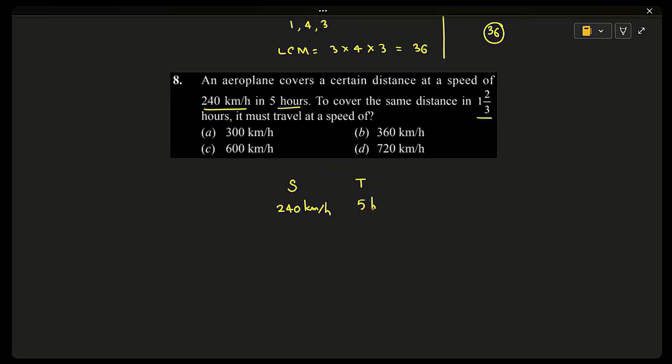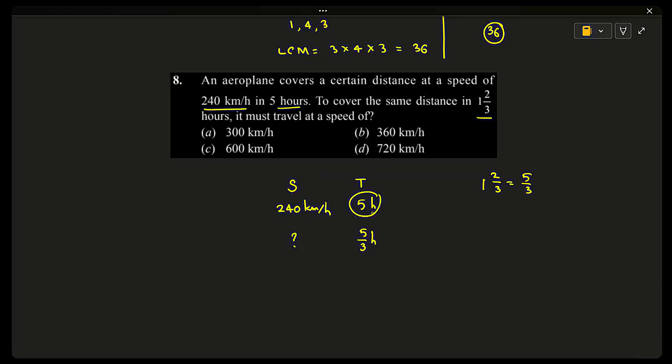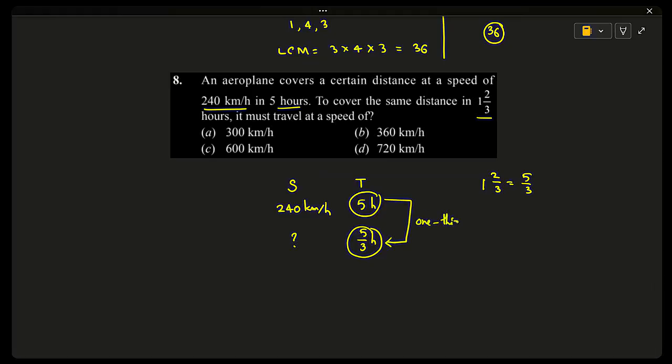To cover the same distance in 1 2 by 3 hours, convert 1 2 by 3 into an improper fraction, that is 5 by 3. So to cover the same distance in 5 by 3 hours, how much speed should it travel? Compare this 5 and 5 by 3. There is a relation: the time became one third, because 5 divided by 3 is 5 by 3.